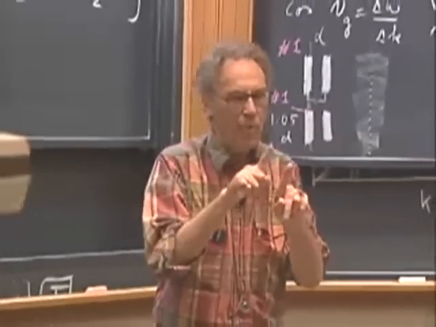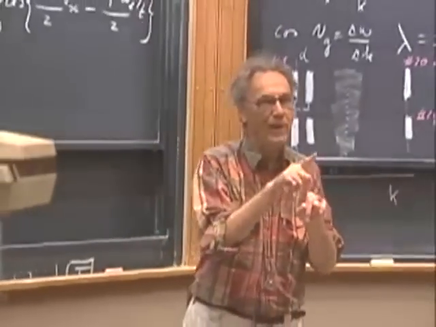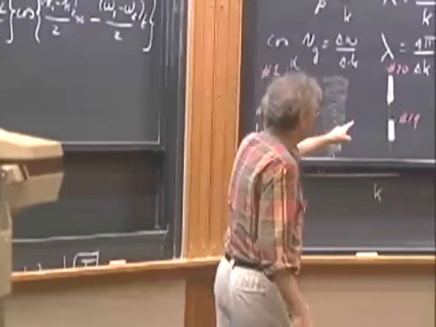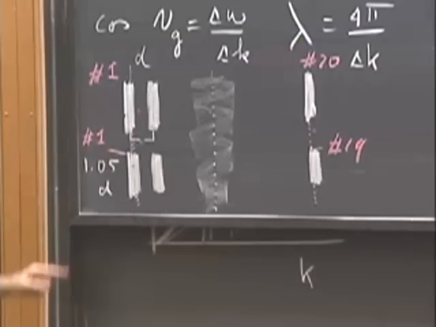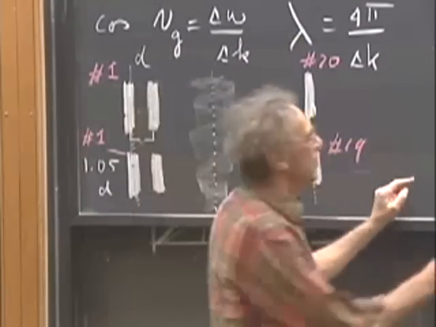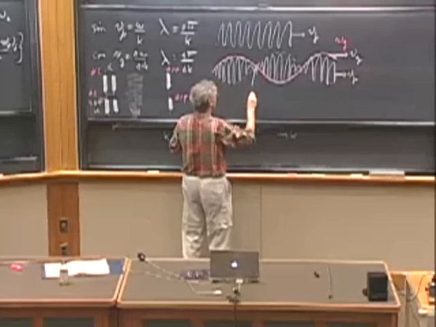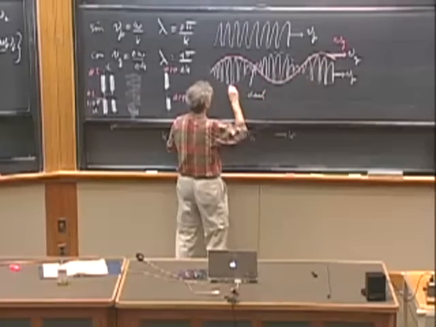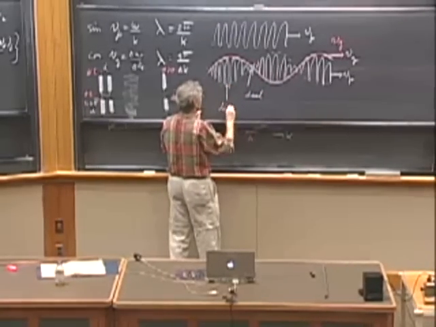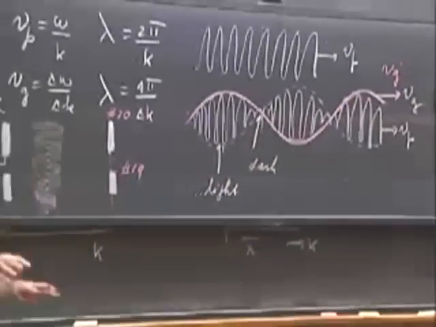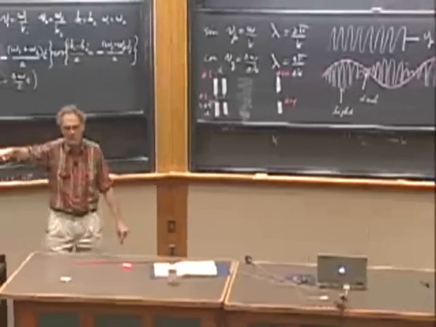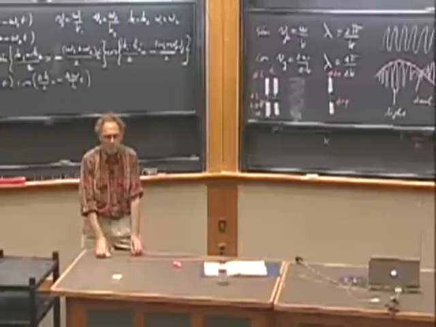Black will be on top of light, and light will be on top of black. Here, however, it's back to what it was here. So you're beginning to see this kind of pattern. Think of this, for now, as being dark, and think of this as being light. This kind of pattern is what you're going to see if I put the two transparencies on top of each other, as I will do very shortly.